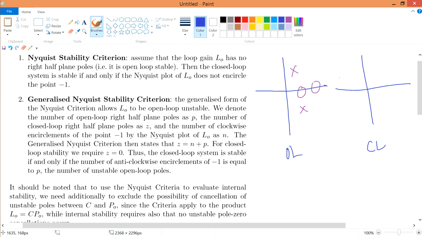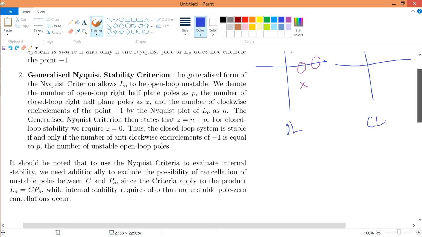normally you wouldn't know how to define the closed loop zeros and poles directly. But what I want to convey is that when you want to determine the number of closed loop poles and zeros, you require two things. The first thing is your Nyquist plot. In this case I have a -1 over here, and I encircle this -1 two times, one time and then two times.